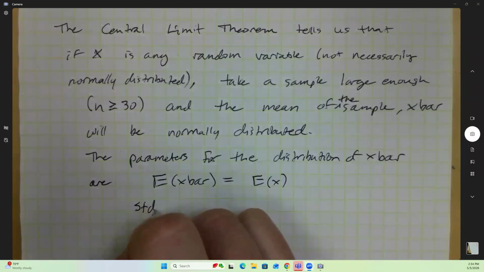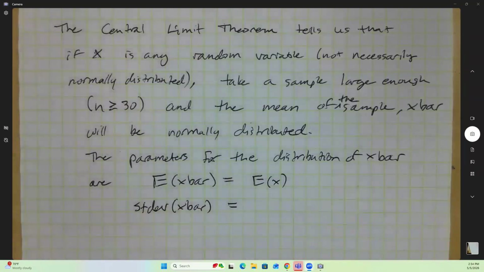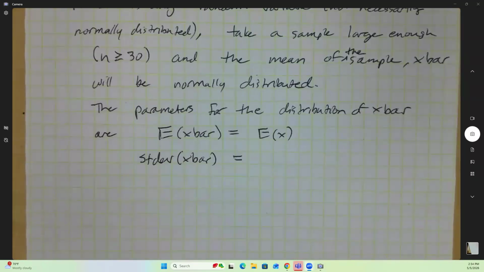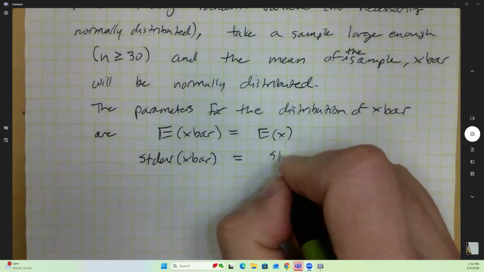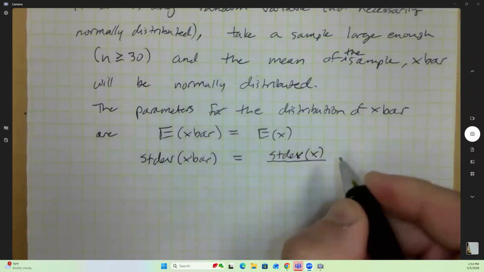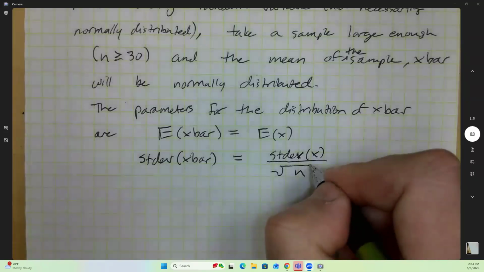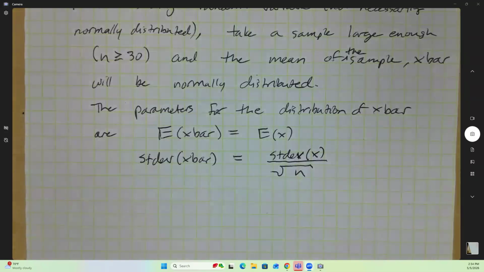And the standard deviation of your sample means is going to be smaller, with a formula: the standard deviation of the random variable divided by the square root of the sample size. So those are our three conclusions.